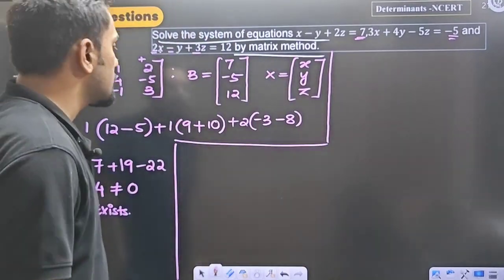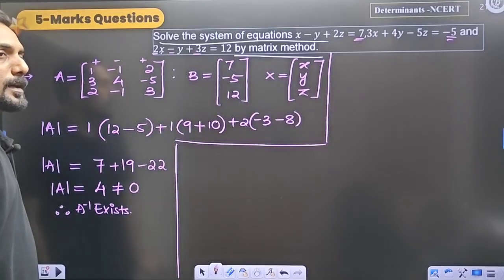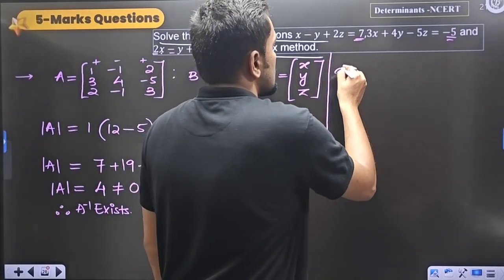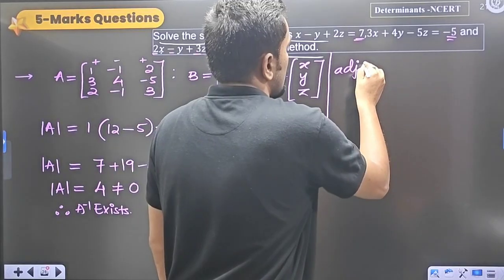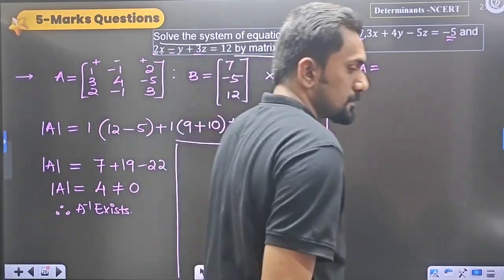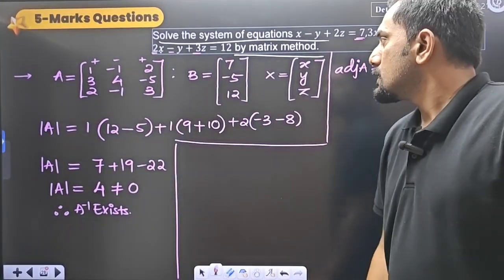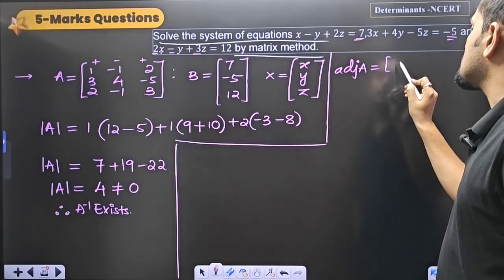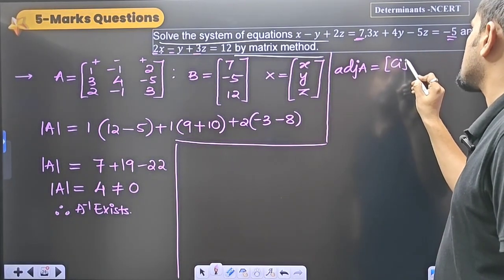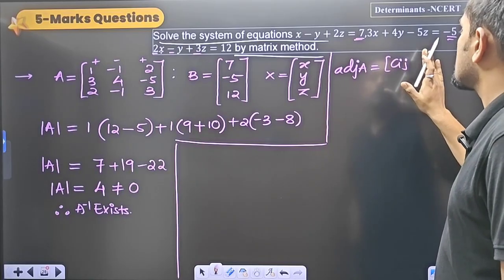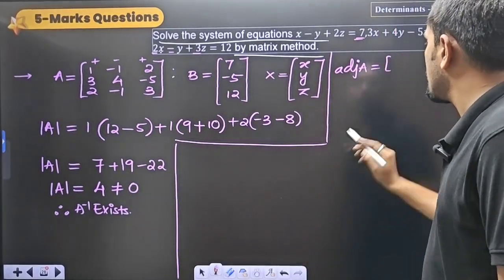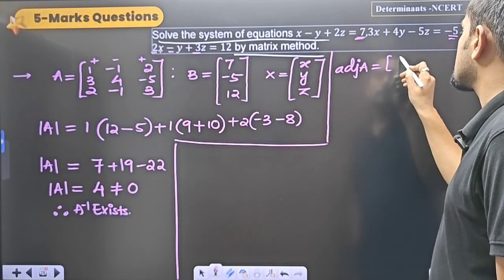In the next step, what do I need to find? I need to find the adjoint of the matrix. Adjoint of A is equal to the transpose of the cofactor matrix.